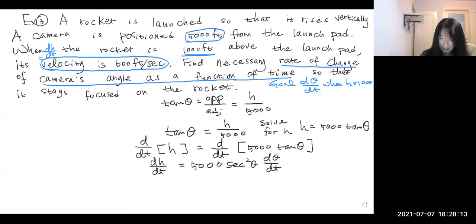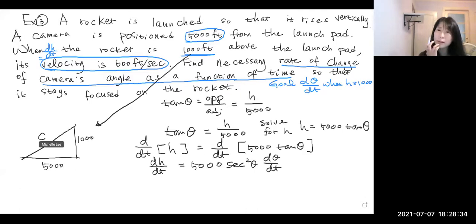Okay. So we have 5,000 from earlier, and then here we're going to use this information, 1,000, and then we want to know about the c. Okay, then how do we find it?